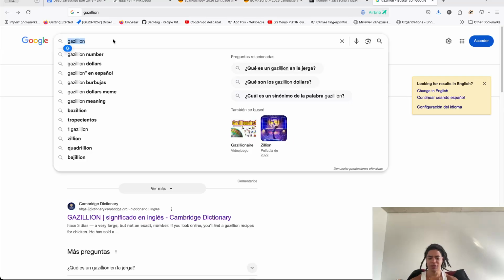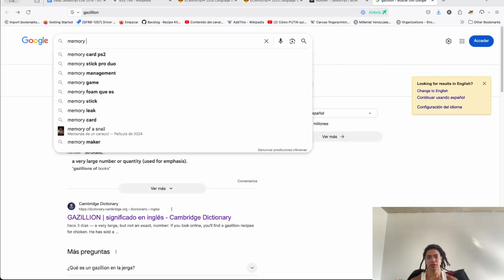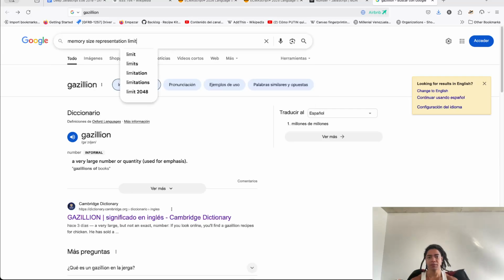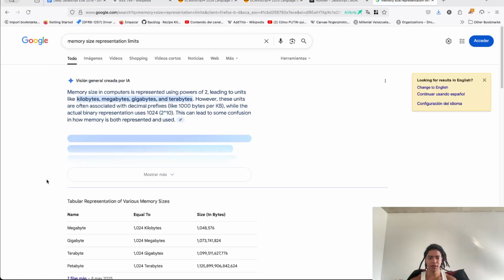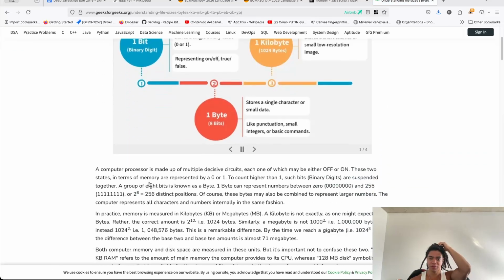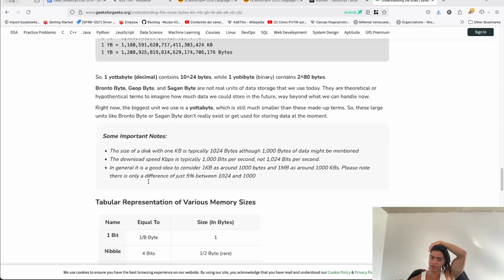If we look now at the representation here, let's say memory size representation limits. All right. So here we say terabyte, exabyte, yottabyte.